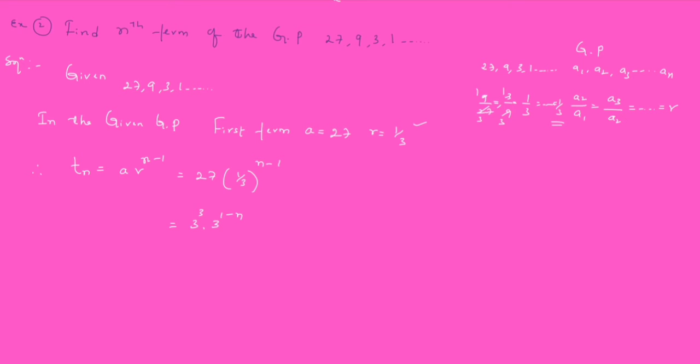If you multiply minus 1 into n minus 1, what we get is 1 minus n. Therefore the final value is Tn equals, when bases are the same, powers should be added. So the value of Tn is 3 to the power of 3 plus 1, which is 4, minus n, right? It is nothing but our nth term of the given GP.